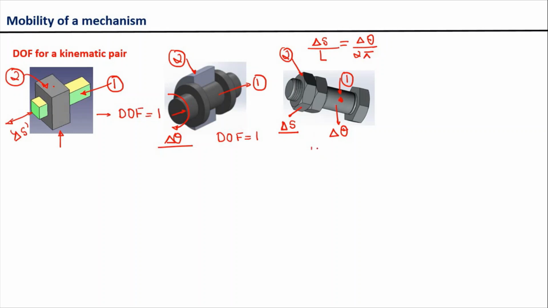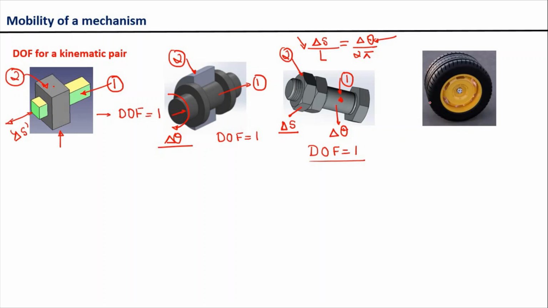So we will say that the degree of freedom for a screw pair will be equal to 1, because the definition of degree of freedom mentions that the coordinates which are required to specify the motion should be independent of each other. In this case, delta S and delta theta are not independent of each other. Therefore, we conclude that the degree of freedom for a screw pair is equal to 1.